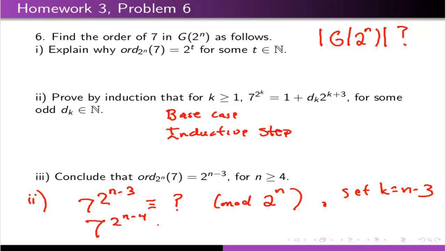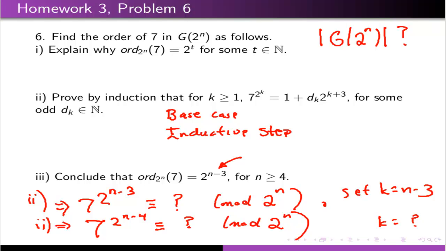What's that congruent to? So we're trying to show that this right here is the smallest power that would give us 1. So I want to prove that if we had one smaller power, it's not going to equal 1. And again, I use part 2 for both of these, just with a different value of k.